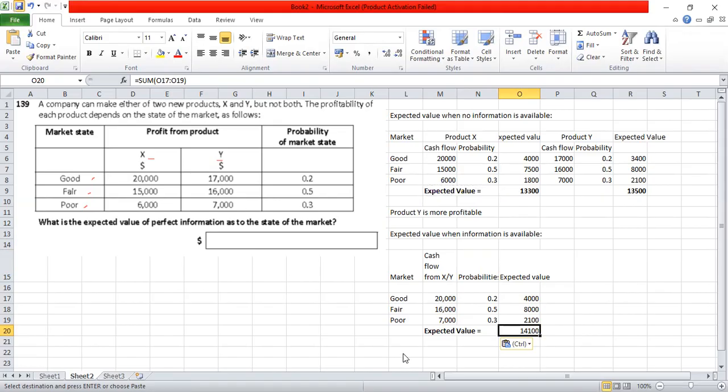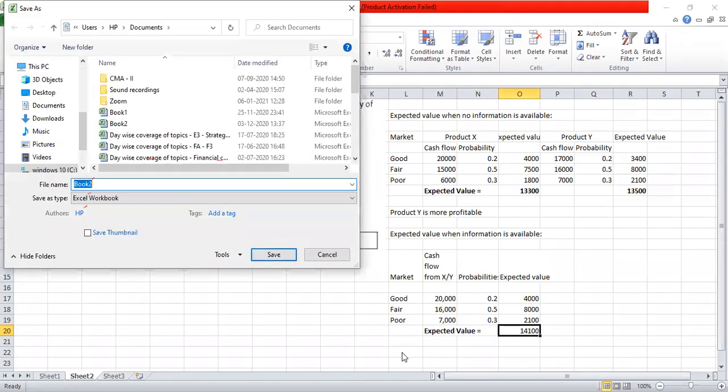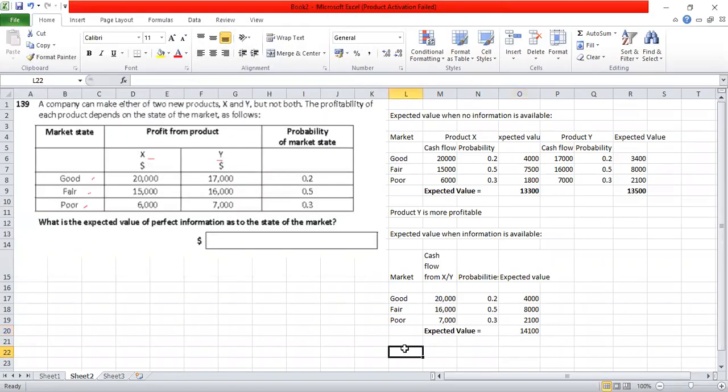What are we calculating? We're finding out what is the expected value of perfect information.